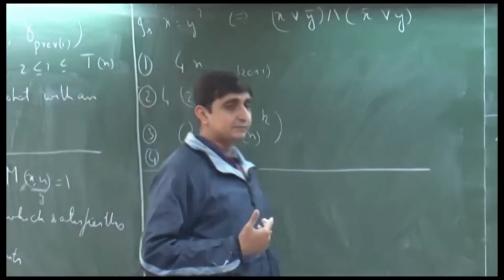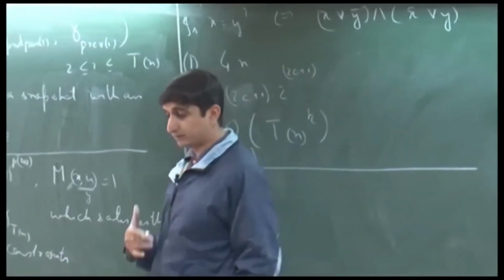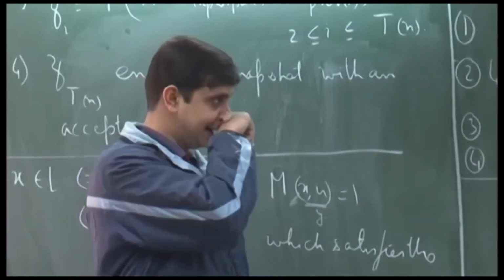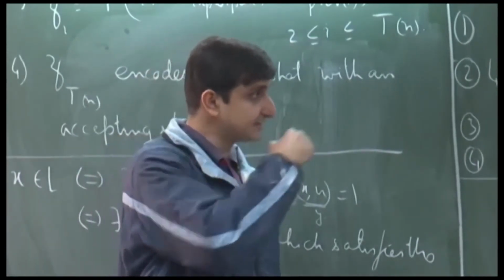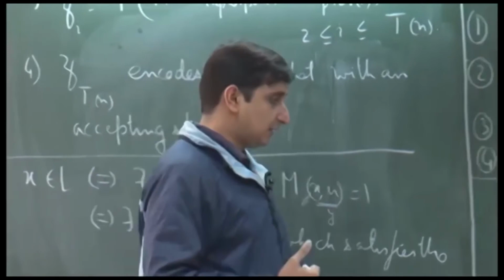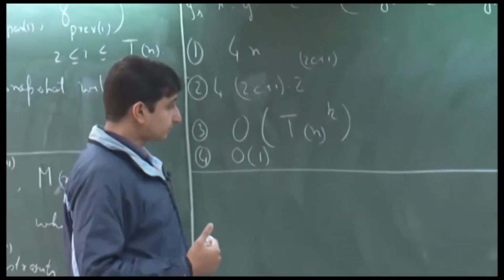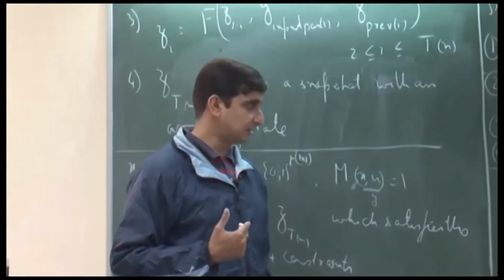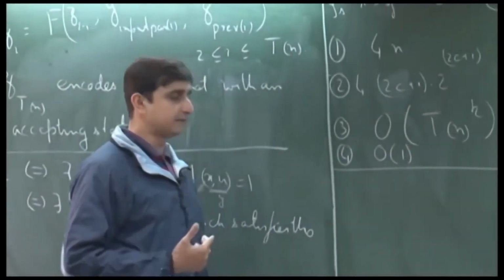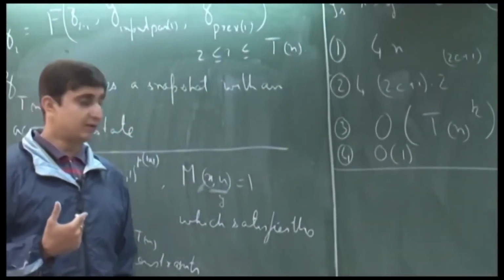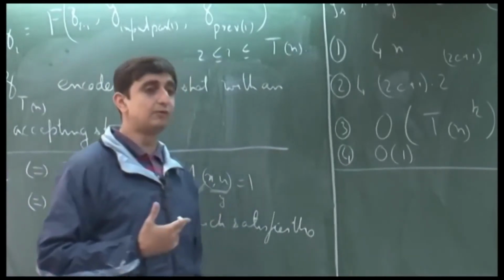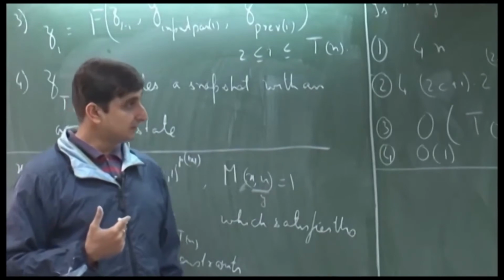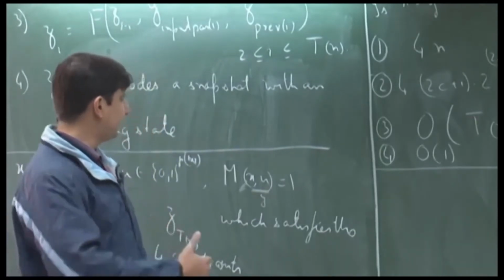So, now we have seen the construction of the first NP complete language, and this is very interesting because not only does this give an existential proof of NP complete languages in all this theory of NP completeness, but it also gives a very natural problem.